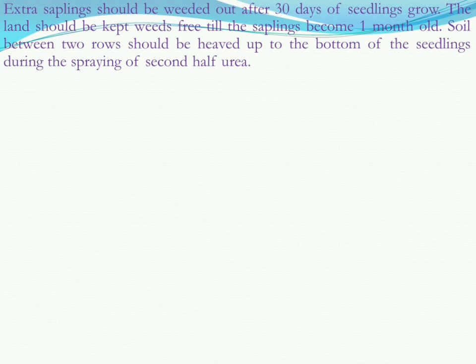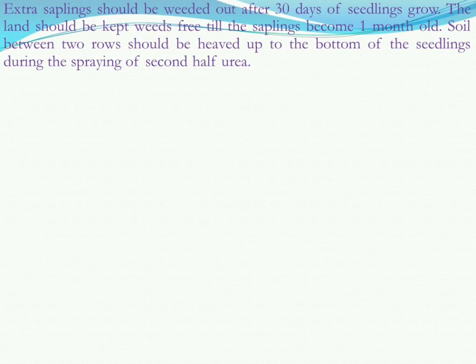And how should we take care? There can be extra saplings in the maize field. We have to wait until the seedlings are 30 days old. That means when the seedlings come out of the soil, after 30 days we have to select the extra saplings and weed them out from the land.